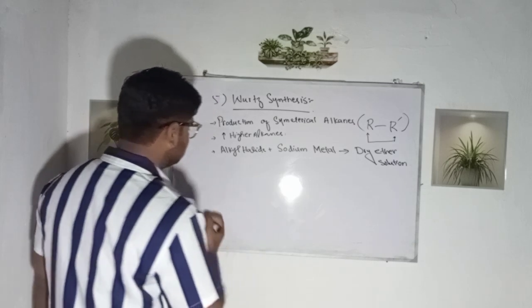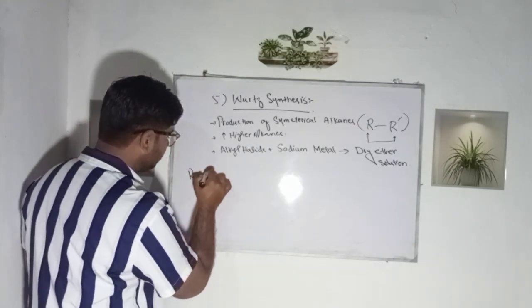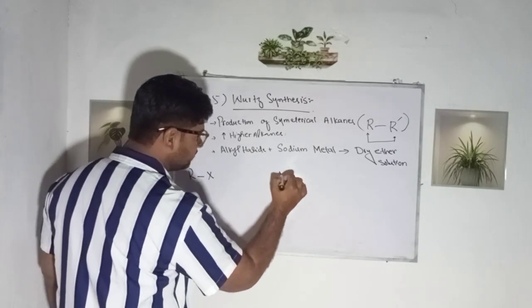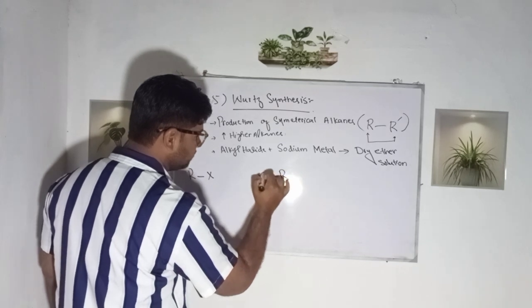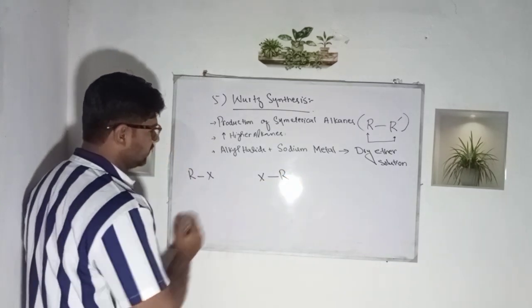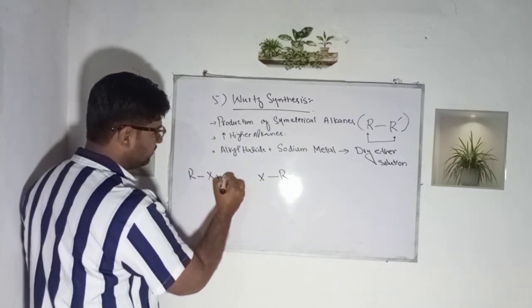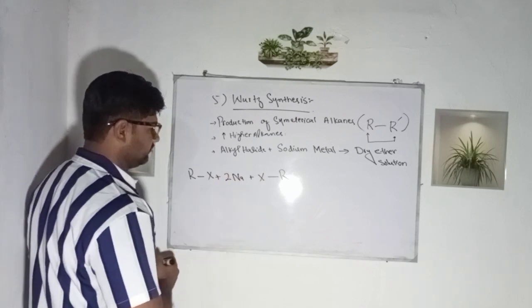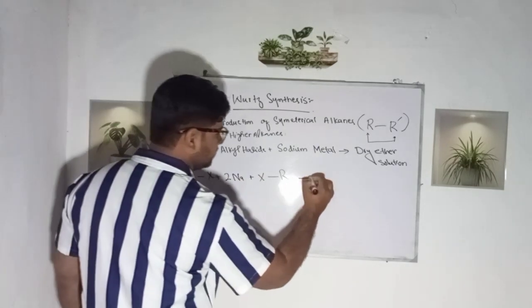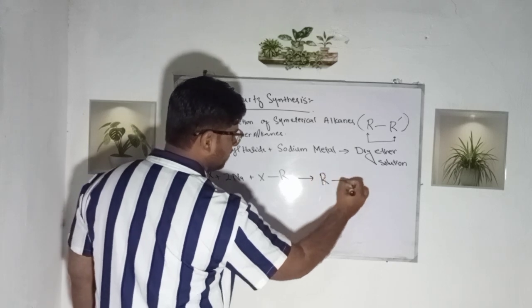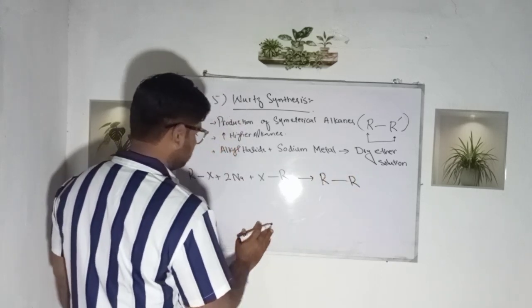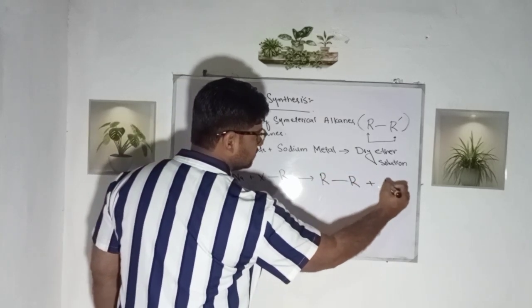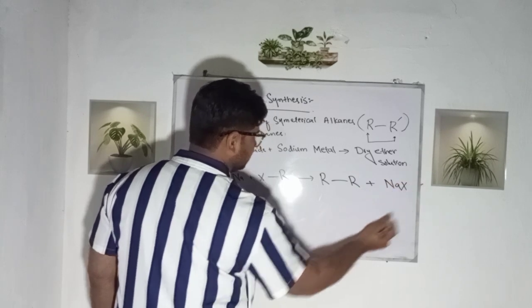Let's take a look at its reaction. We have two molecules of alkyl halide as RX, and they will react with two sodium metal atoms, and it gives rise to RR plus NaX.